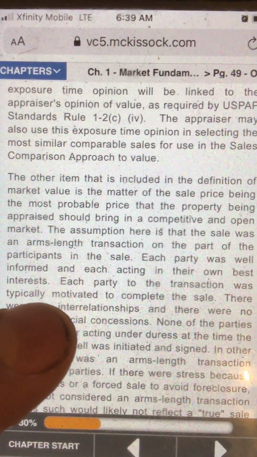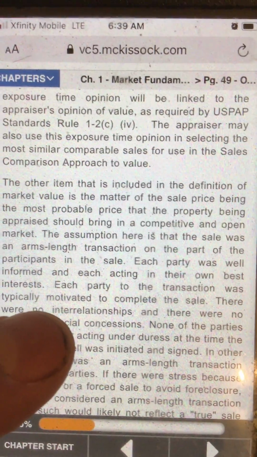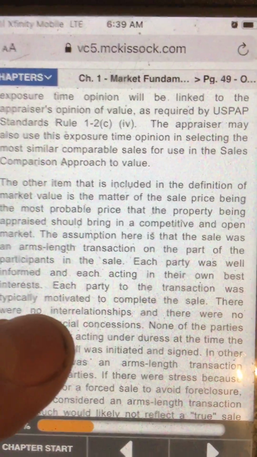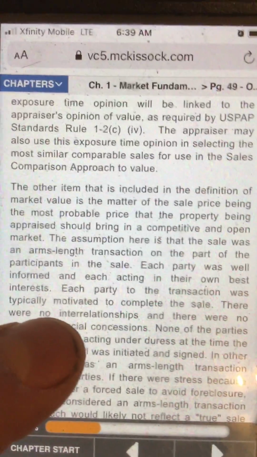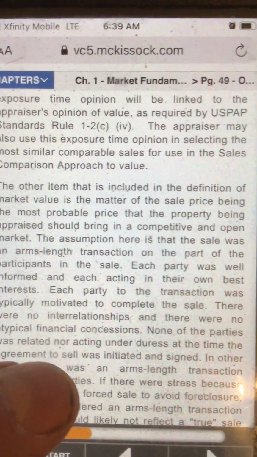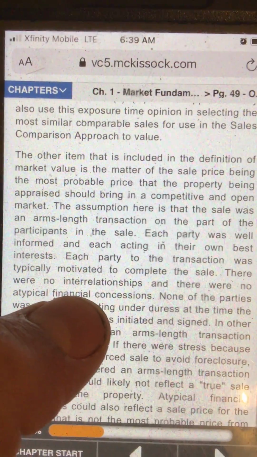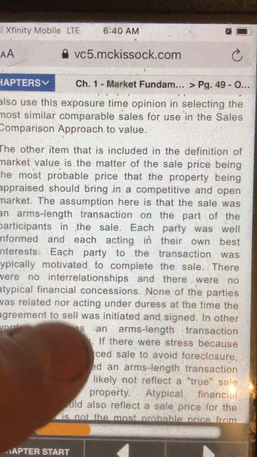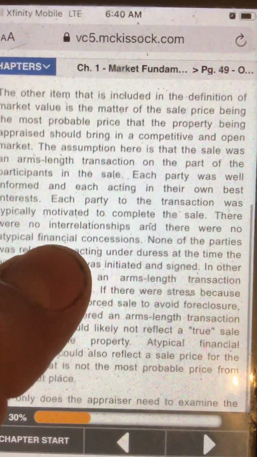This exposure time opinion will be linked to the appraiser's opinion of value as required by USPAP Standards Rule 1-2C, Roman numeral 4. The appraiser may also use this exposure time opinion in selecting the most similar comparable sales for use in the sales comparison approach to value.